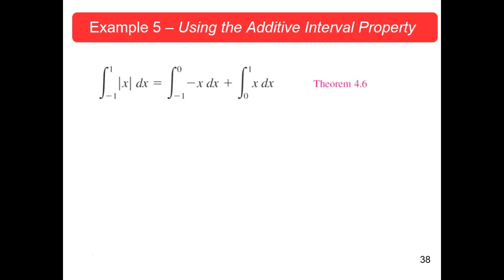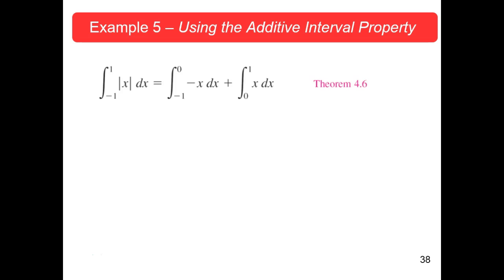Now, even if you don't have a discontinuity, if you have something that just makes it messy, for instance, if you're trying to do the integral from -1 to 1 of absolute value of x dx, well, I don't know a rule for absolute value. There is no rule for absolute value. So what you do is write down what absolute value is.